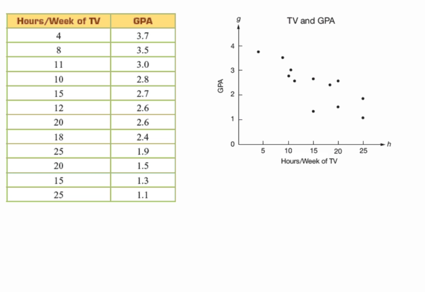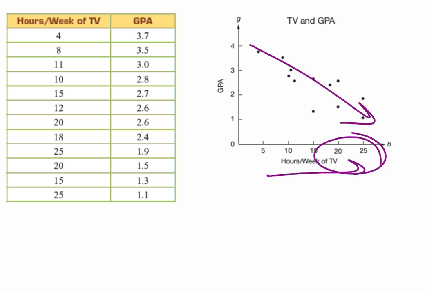But there is a correlation between hours a week you watch TV or whatever other media device now you want to stick in there, and your GPA, your grade point average, how well you do in school. And what happens as you increase the hours watching TV? What happens to your GPA? It goes down. Well, of course, it's going to go down.